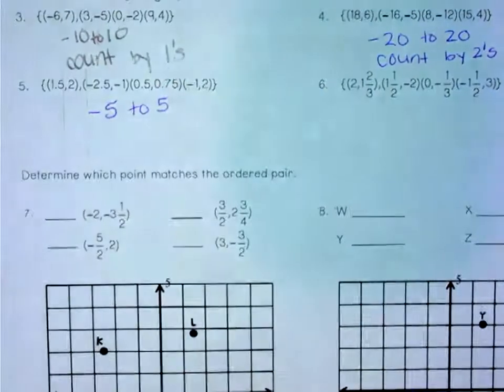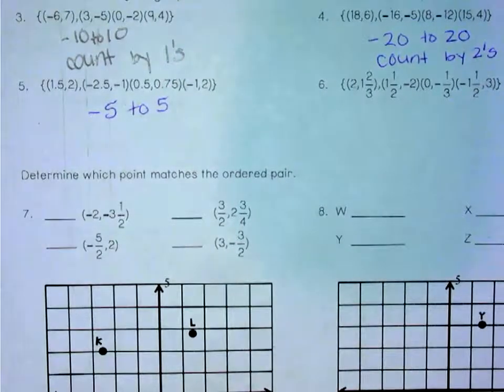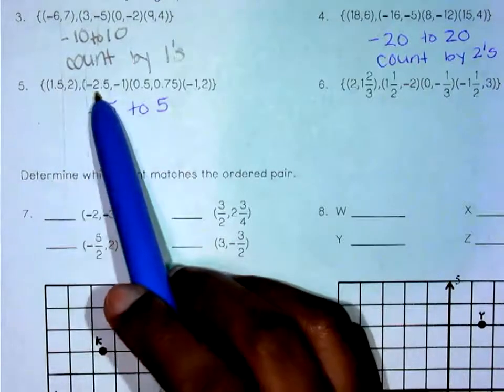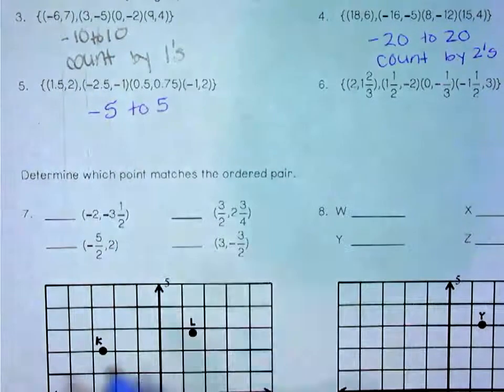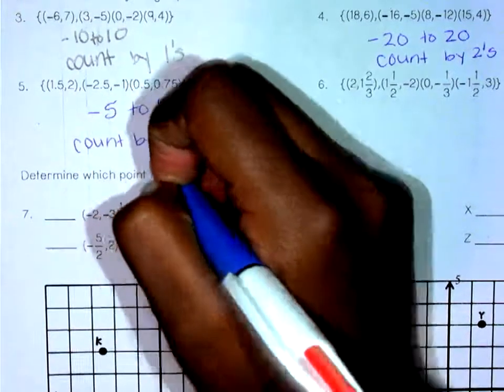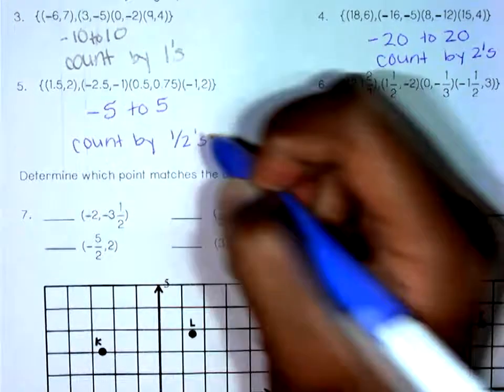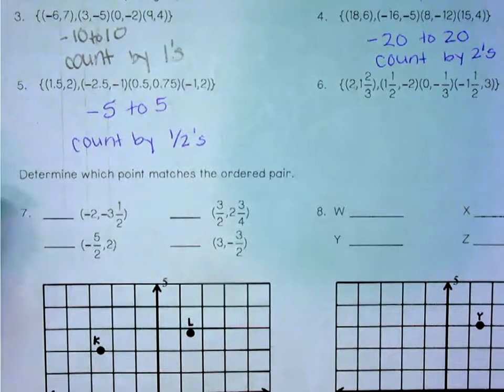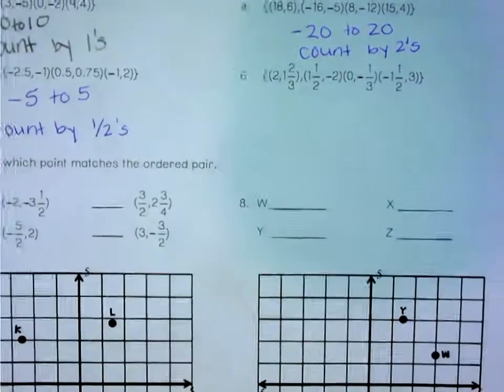For this one, I don't want to count by ones. I think I'm going to count by halves, because if you think about it, we have 1.5, 2.5, and we have a half right here. So you're going to count by halves. This is important when you're making your own graph, to realize what you need to go by and what you need to draw for your scale.